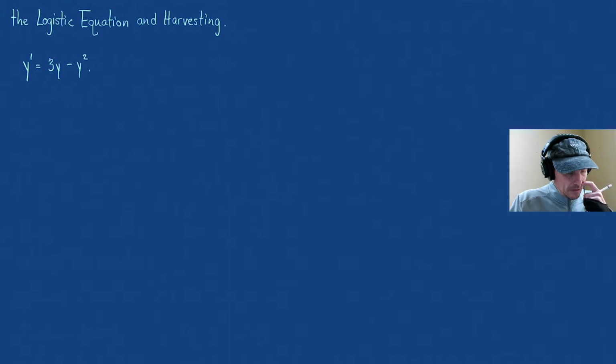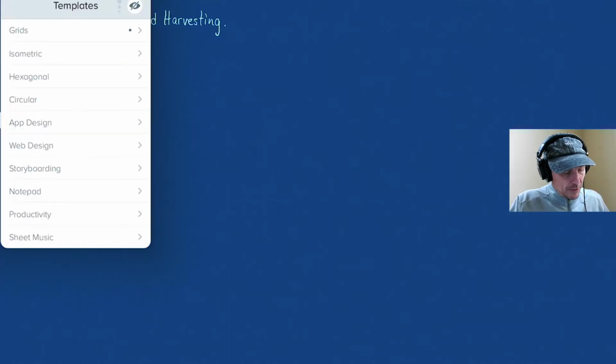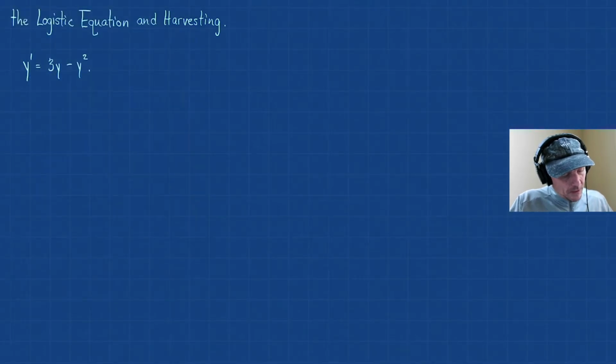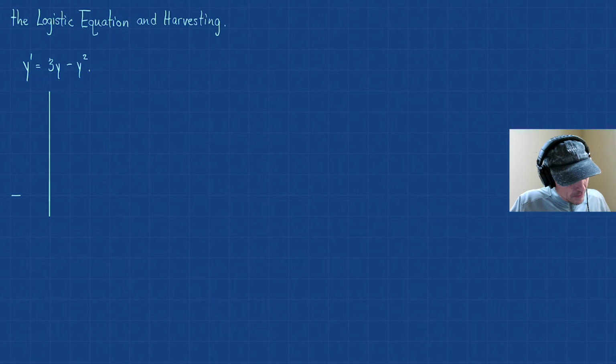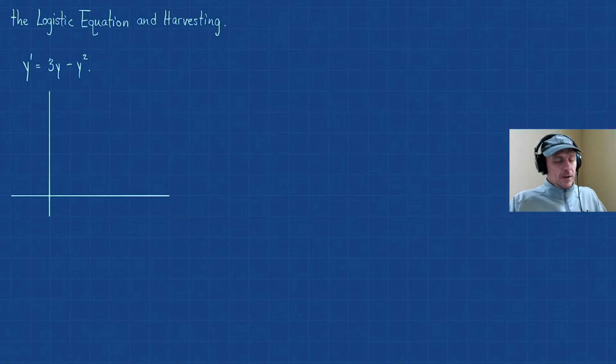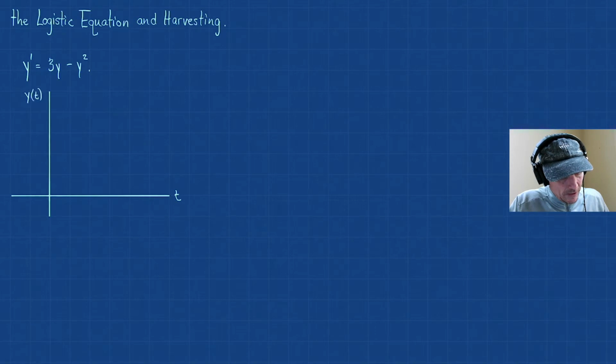So I'm going to sketch this graph here. I'm going to pull up some graph paper for a moment to do this with. There's my basic graph. Remember, we had t on the horizontal axis and y on the vertical axis, or y of t.